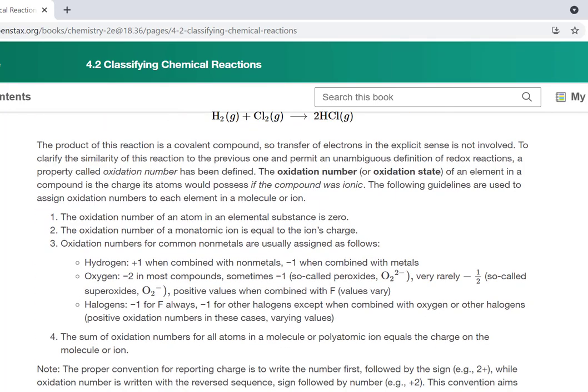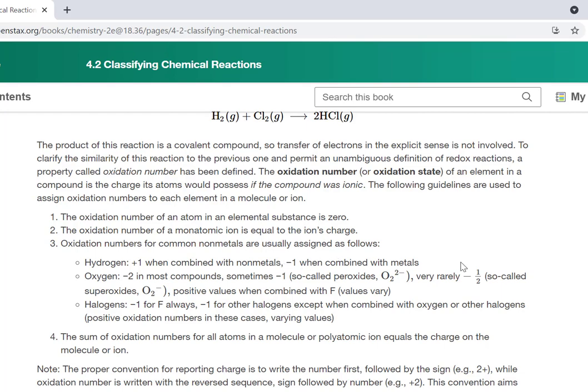And then some common nonmetals will often have somewhat predictable oxidation numbers. This is going into more detail than we need to, so we'll just focus on some of the more important ones here. So hydrogen is +1 if combined with a nonmetal, and -1 when combined with a metal.